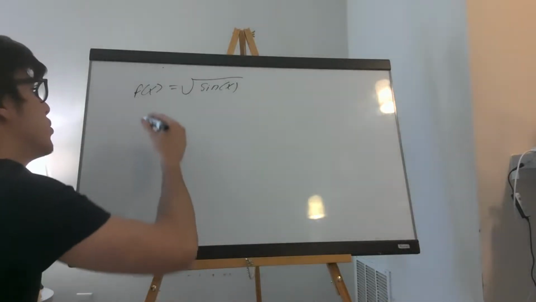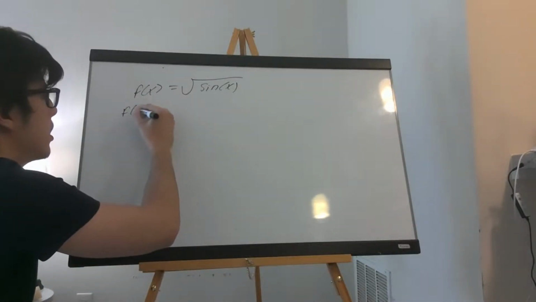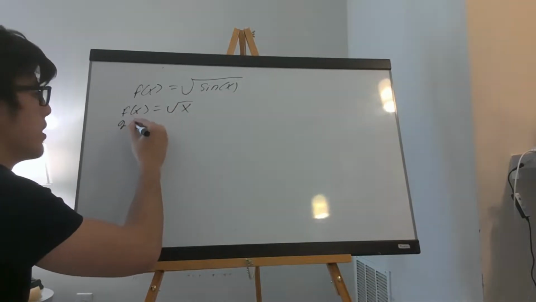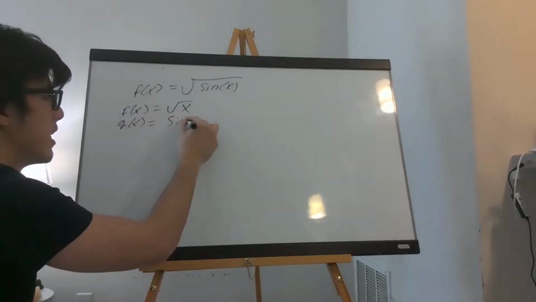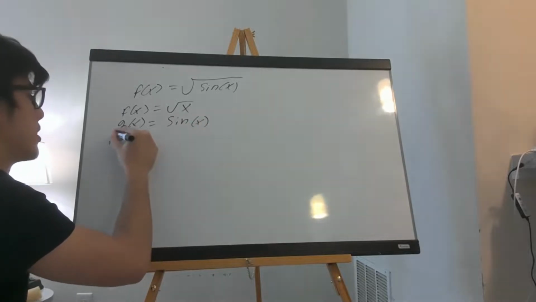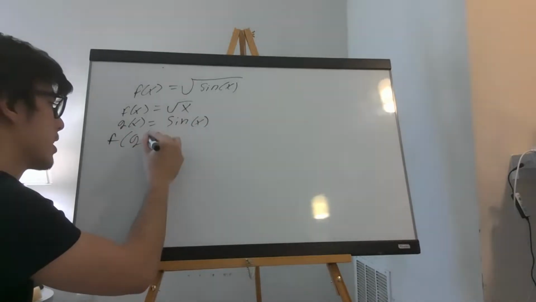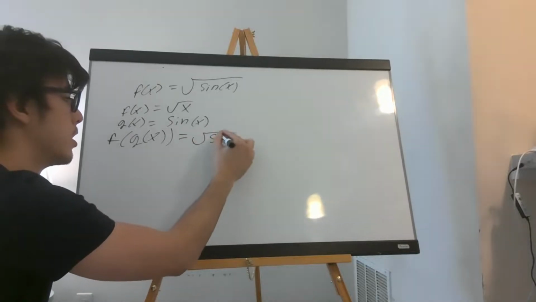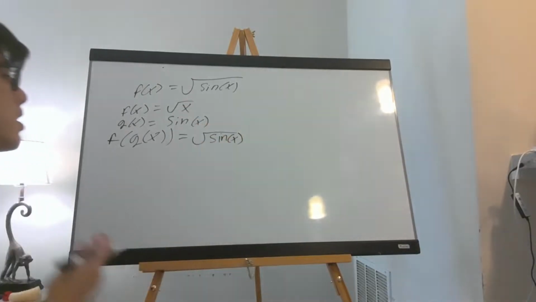So now for the chain rule, we can say that f of x equals root x, g of x equals sine of x. So thus, f of g of x equals the square root of sine of x.